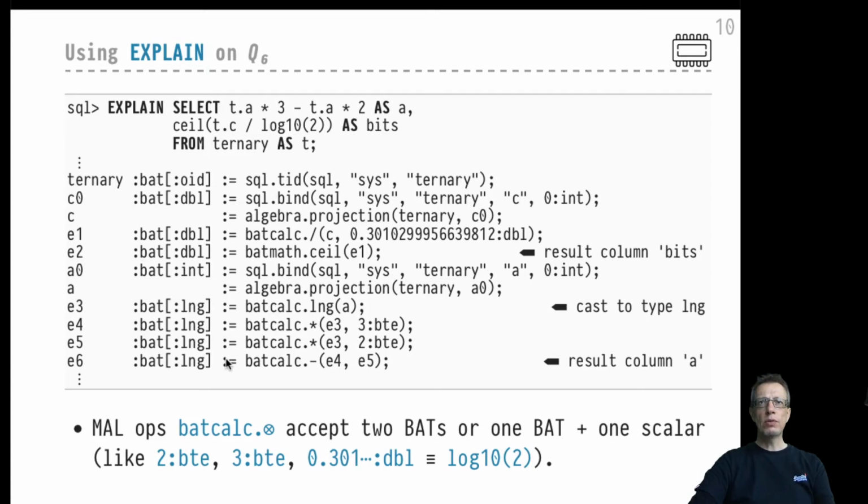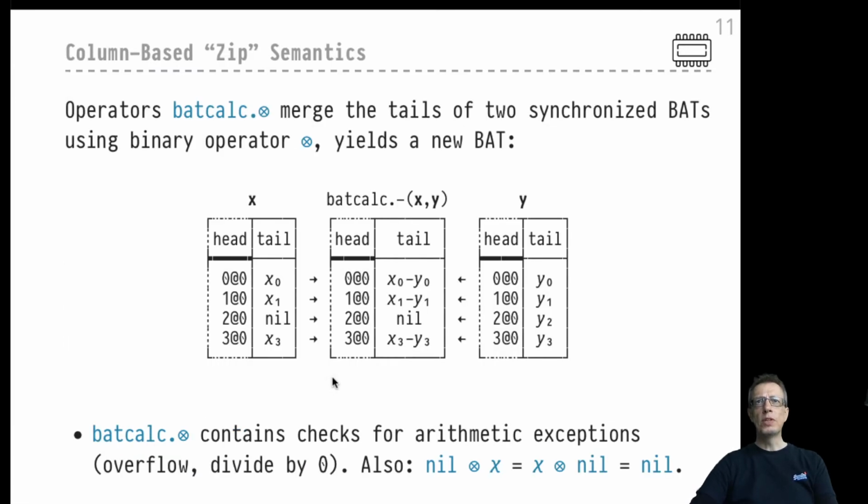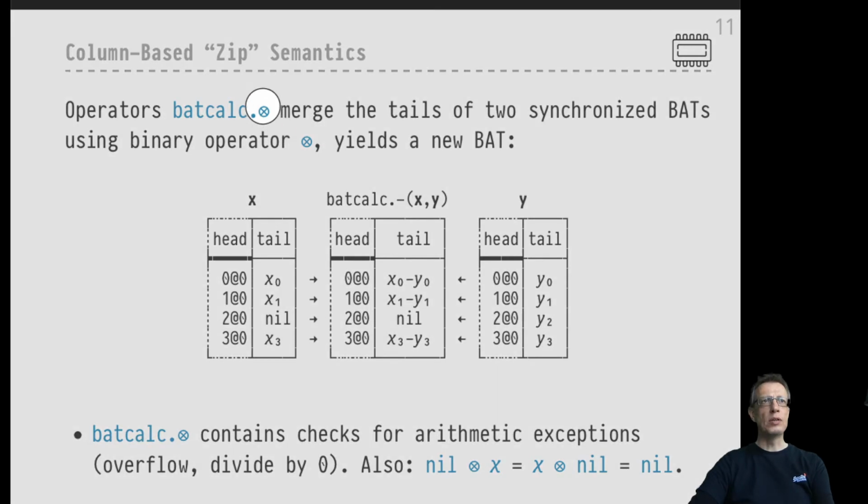Okay, so let's have a closer look at the functionality of this batcalc minus here, the batcalc subtraction. This operator, just like any other arithmetic operator, you see that I've used the replacement algebraic operator symbol here. So this would stand in for the subtraction, multiplication, addition, and so on.